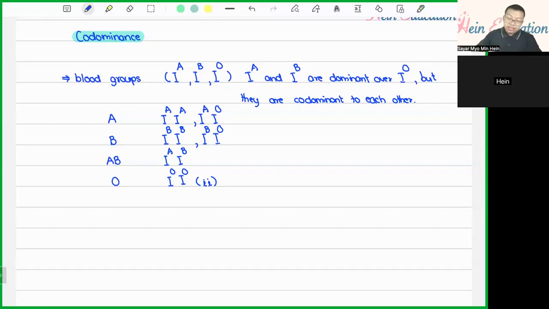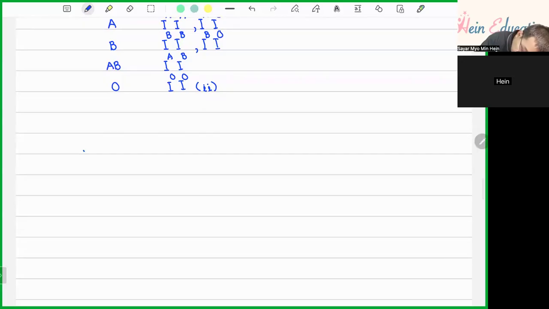Let me go directly to where we can get blood group O from a mother with blood group A and a father with blood group B. It is a very simple way. This would be the example calculation.